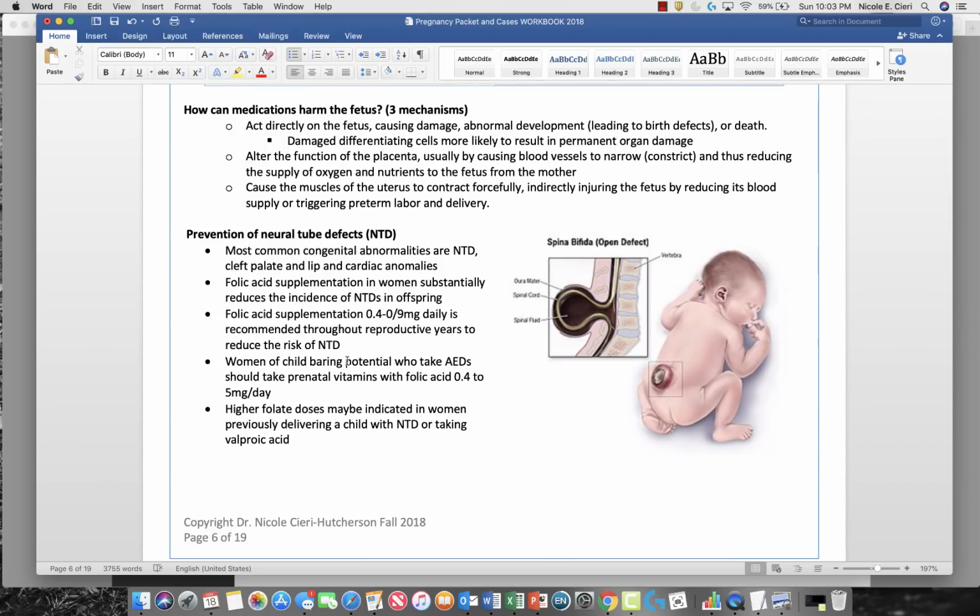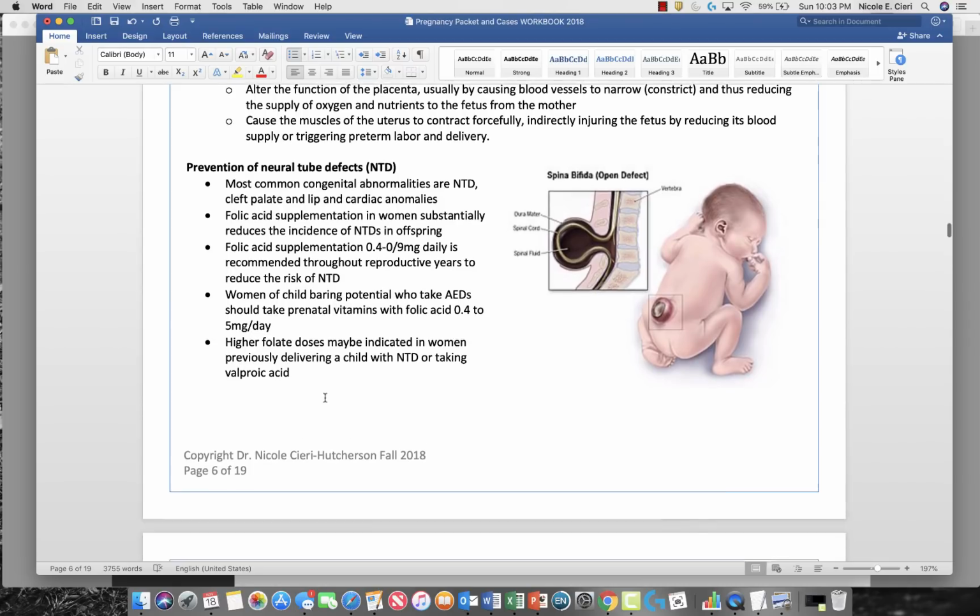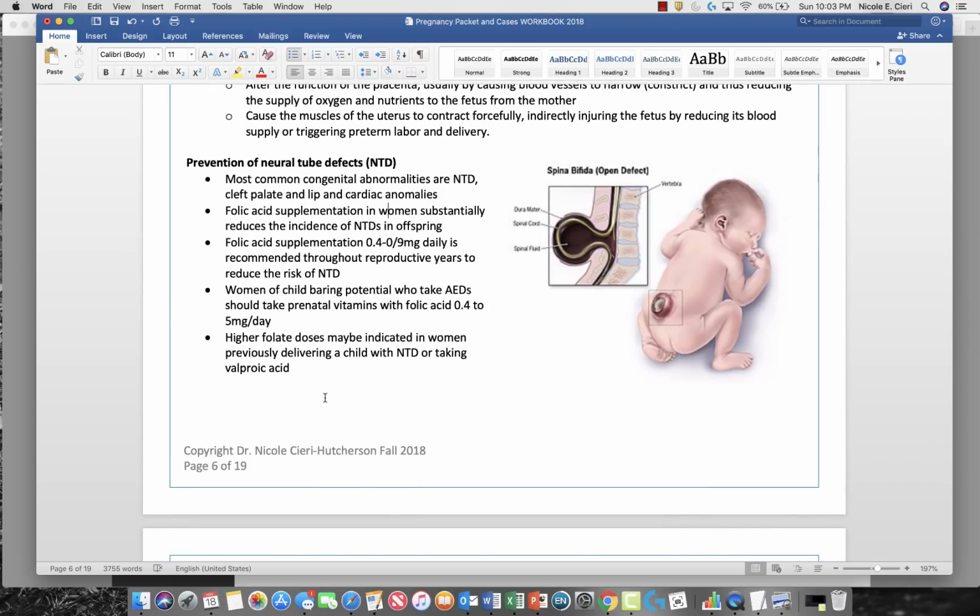Especially women who are taking anti-epileptic drugs, as these medications might reduce the amount of folic acid. They should be counseled to take upwards of 5 milligrams per day of folic acid. And additionally, higher folic acid doses might be indicated in women who have previously had a pregnancy with a child that had neural tube defects, or those that are taking the anti-epileptic drug valproic acid, as this has been shown to cause severe neural tube defects.